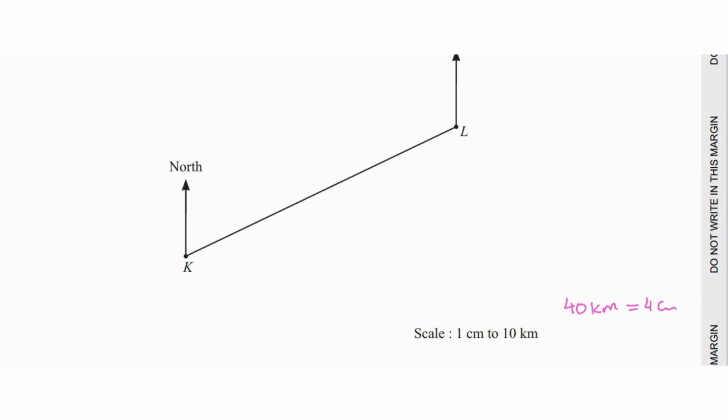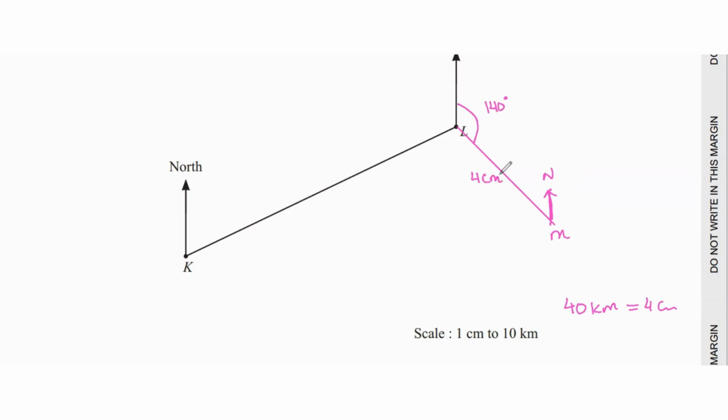The bearing was 140 degrees for town M from town L, which means it's going to be somewhere over here, and it's going to be 4 centimeters long, like the line. So this is your town M. This would be your 140 degrees, and this would be 4 centimeters.